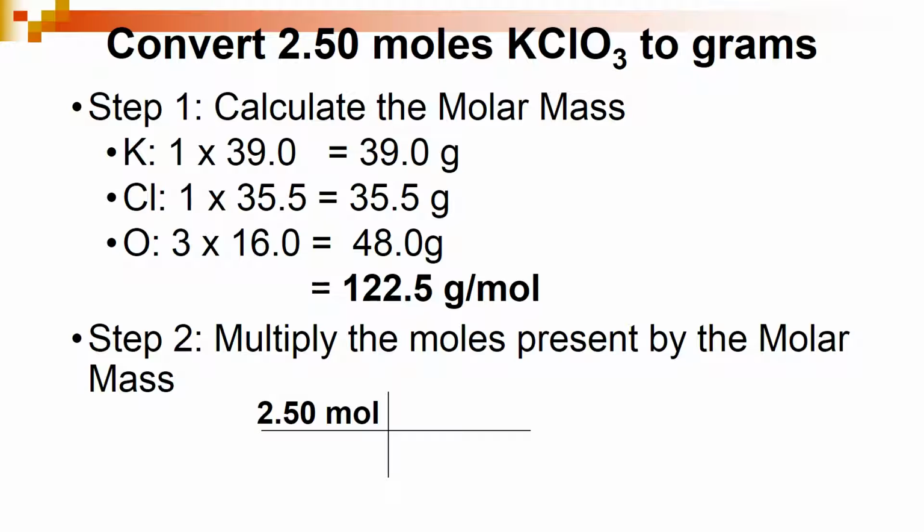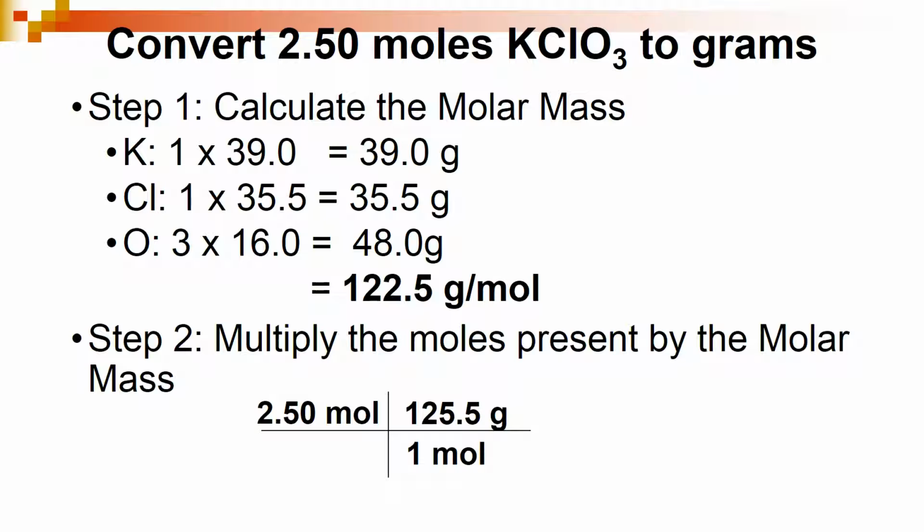If I have 2.50 moles to start with, then I need to have moles on the bottom here. If my conversion factor is 122.5 grams per mole, then the mole value that needs to go on the bottom is 1 mole, and the 122.5 grams needs to go on top.